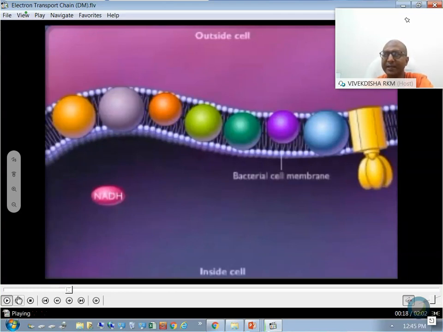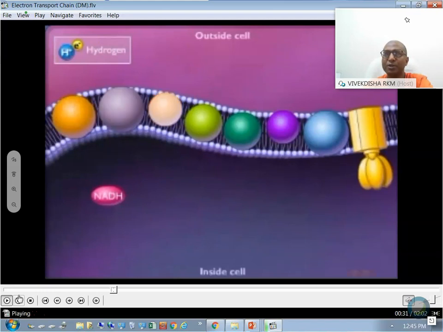So NAD is carrying the hydrogen to the membrane structure. Then it will release hydrogen. How is this hydrogen transported? Check it here. All these are carriers on the membrane.